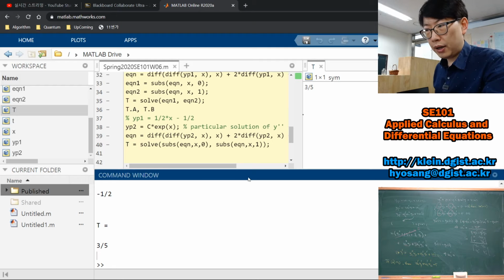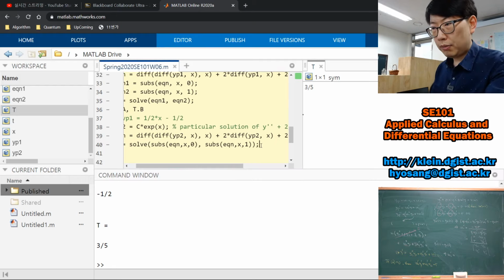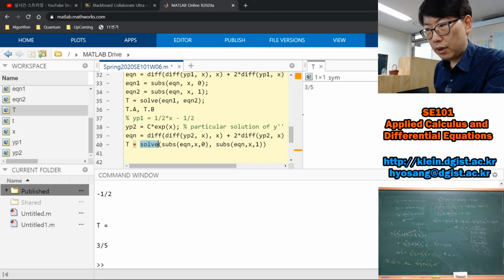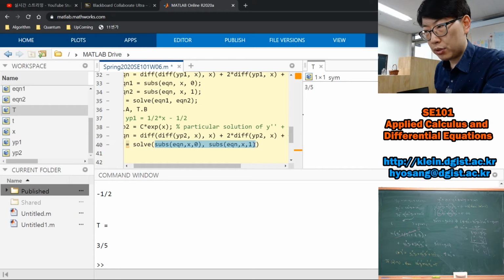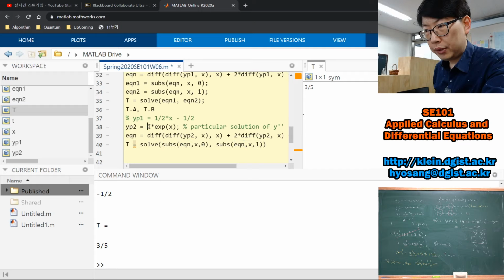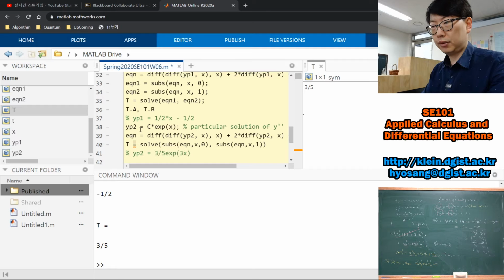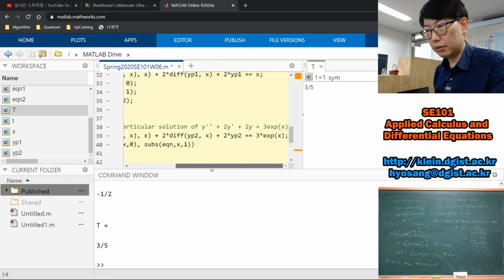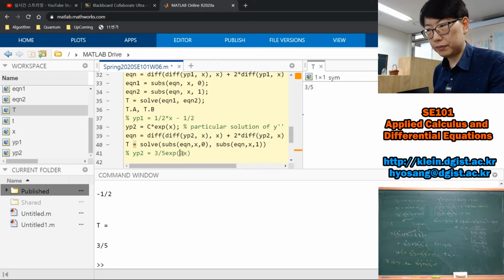So t is 3 over 5, which means that when I do this solve, there's only one unknown variable in these two equations, which is c. I'm trying to solve for c, so c is simply 3 over 5. So we have c equals 3 over 5. So I have yp2 equals 3 over 5 times x to the power 3x. Is it? Just x, sorry.